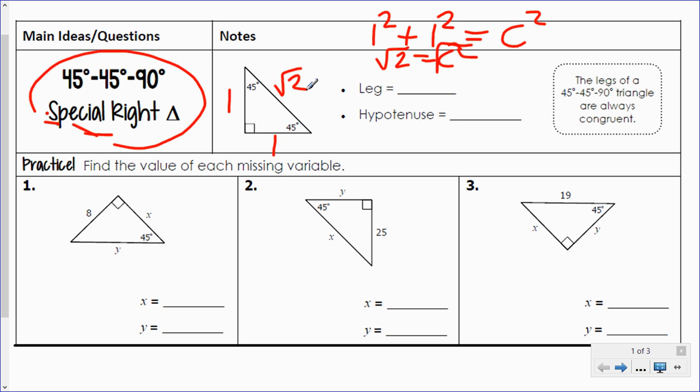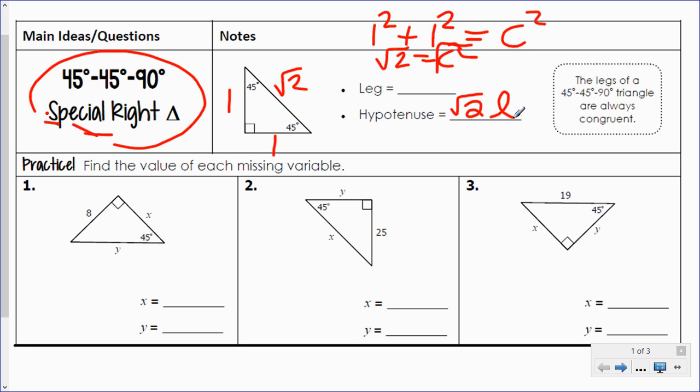Okay, so we can use this to solve some of these problems very quickly. And so there's two relationships you want to remember. The hypotenuse would always equal the square root of 2 times the length of the leg. Because notice here, if we multiply square root of 2 times 1, that equals square root of 2.